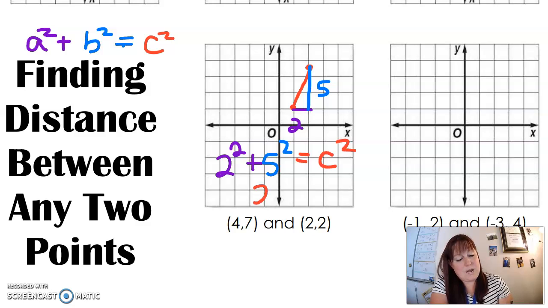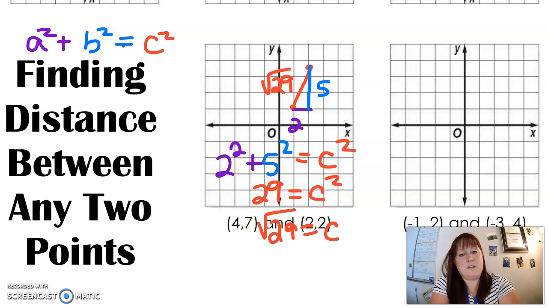So we have 29 equals c squared. What's the square root of 29? Well, it's the square root of 29 equals c. So the distance between those 2 points is the square root of 29. You could plug that in a calculator and find out the actual number, like a decimal. That's how far it is from those 2 points.